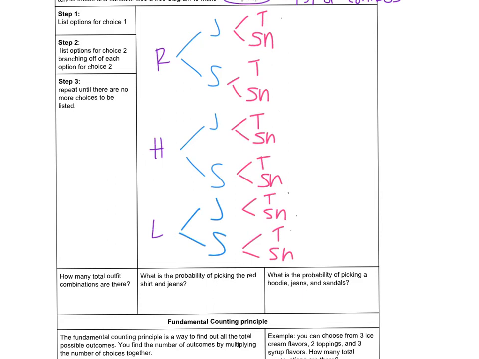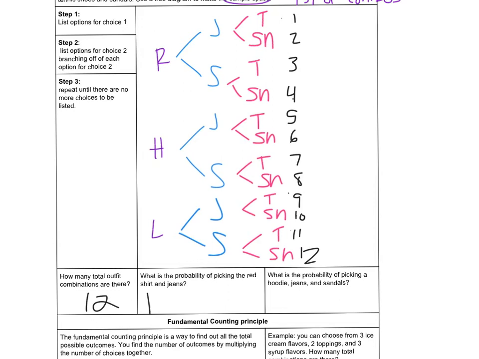Because here I've done a red shirt, jeans, tennis shoes, a red shirt, jeans, sandals. So there's 1, 2, 3, 4, 5, 6, 7, 8, 9, 10, 11, 12 combinations.